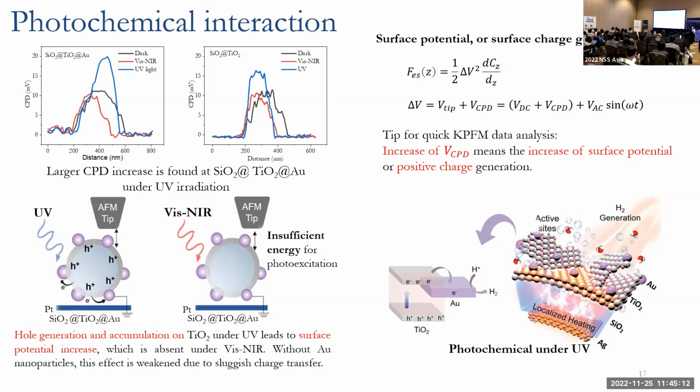Without the gold, the electrons cannot get quickly transferred, and then the electrons may recombine with holes. That's why the surface potential of the ST sample without gold is lower than that of the STA sample.